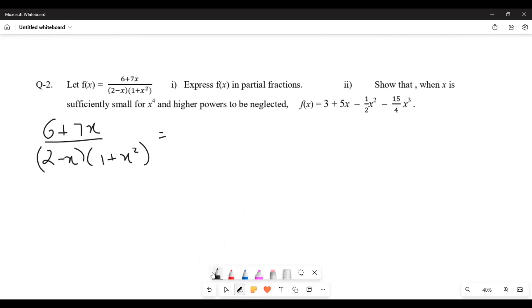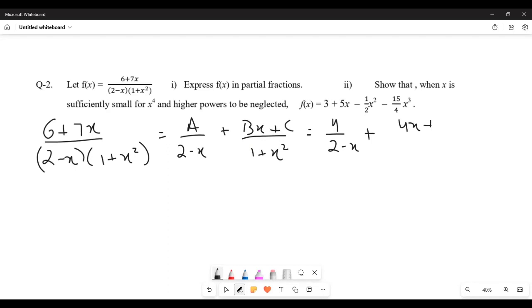This was to be written as a upon 2 minus x plus bx plus c upon 1 plus x squared. And that came out to be 4 upon 2 minus x plus 4x plus 1 upon 1 plus x squared.